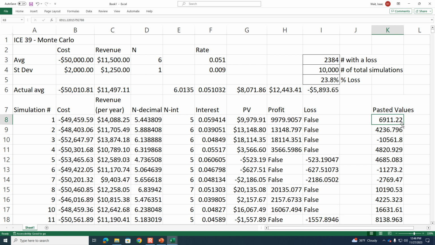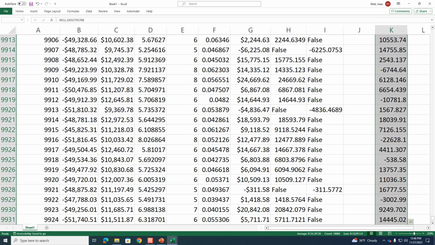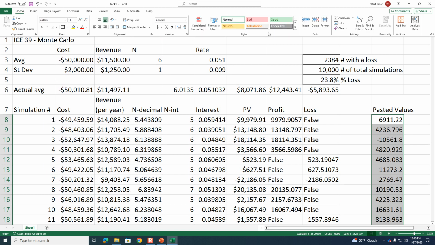The reason I did that is I can sort it now. That enables me to sort the list. So highlight this list, Shift, Control, and the down arrow, and then I want to sort it from largest to smallest. So here, sort and filter, which is right on the Home ribbon.